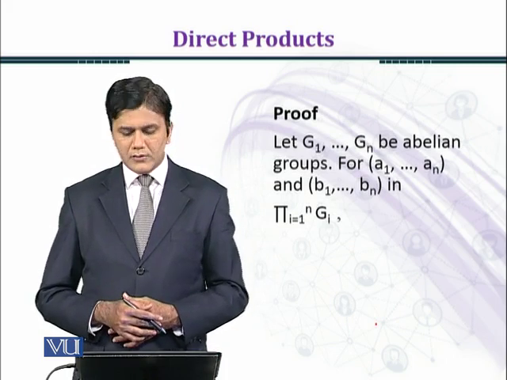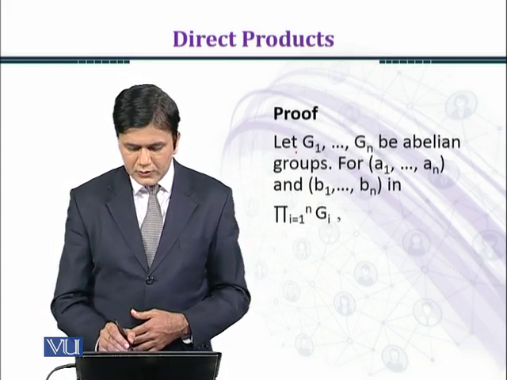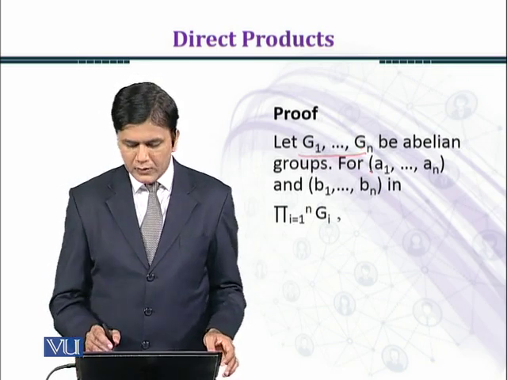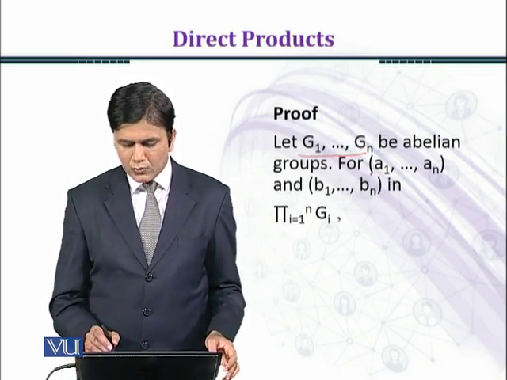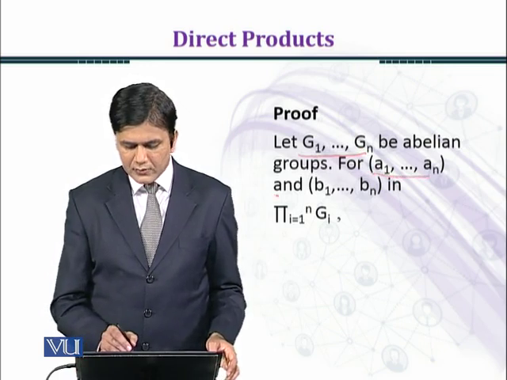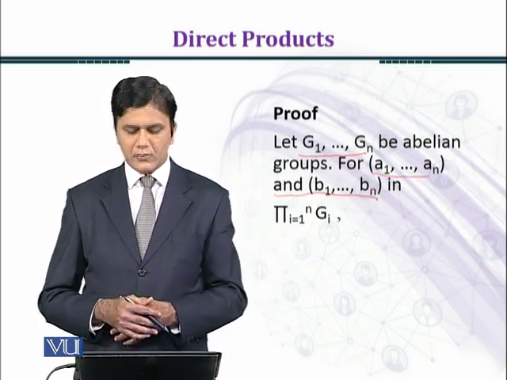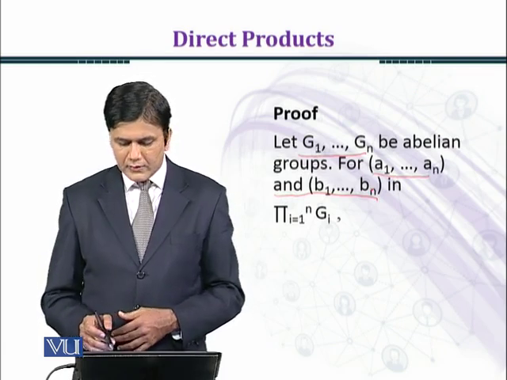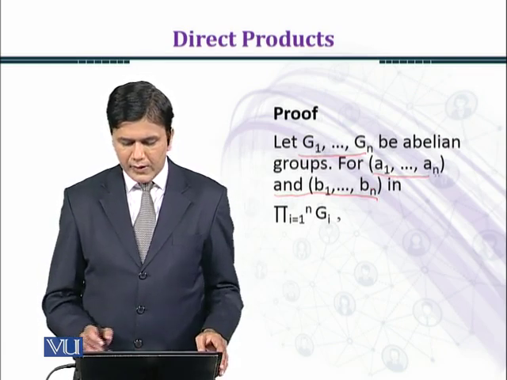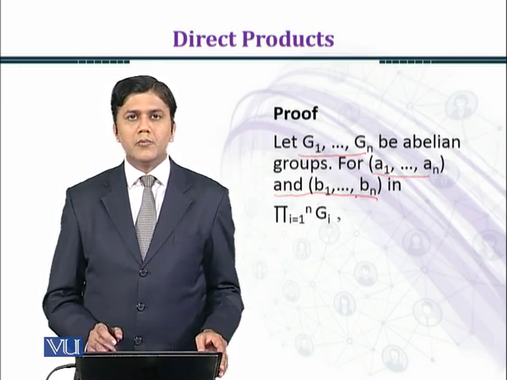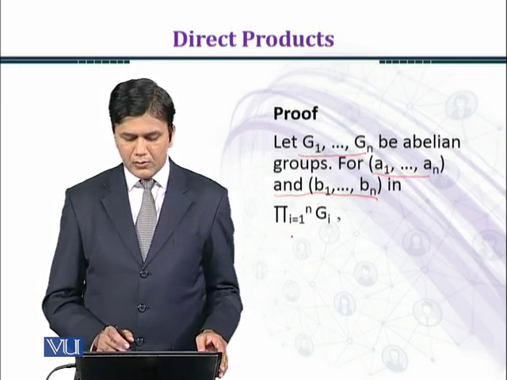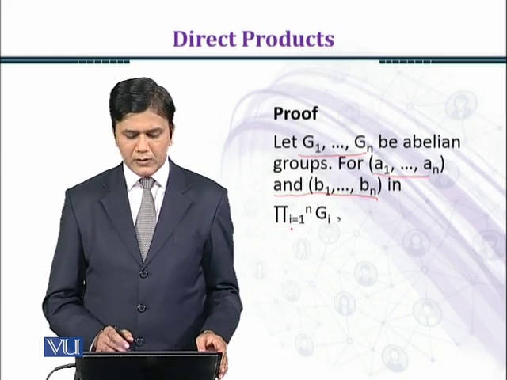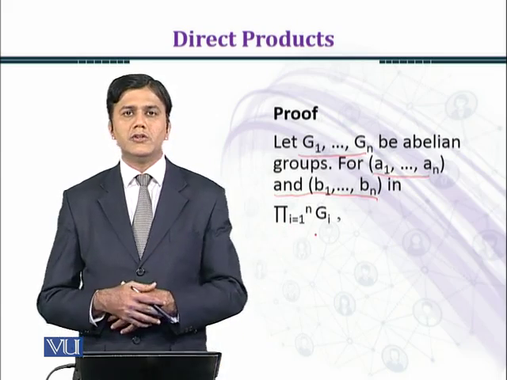Let G1, G2 up to so on Gn be abelian groups, and we are choosing two arbitrary elements in the direct product of Gi, that is A1 up to so on An and B1 up to so on Bn belonging to the set direct product i equal to 1 to n Gi.